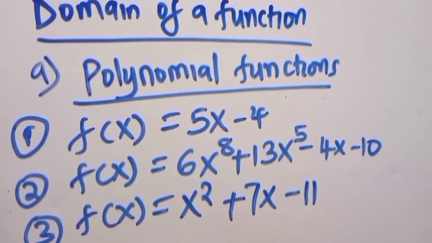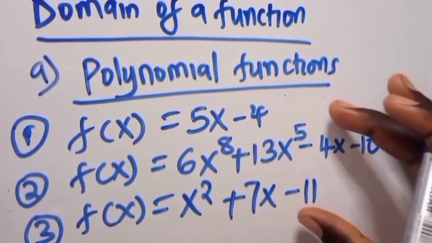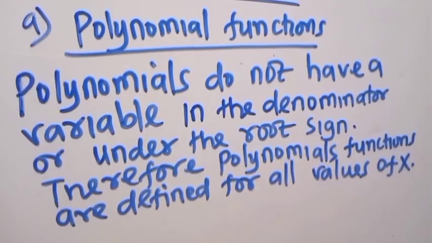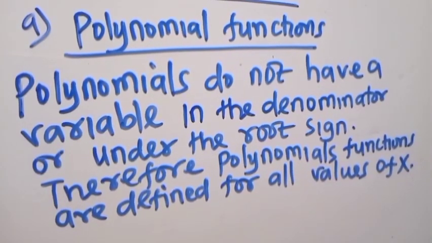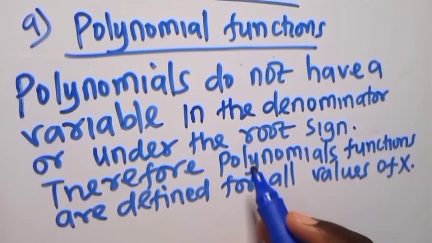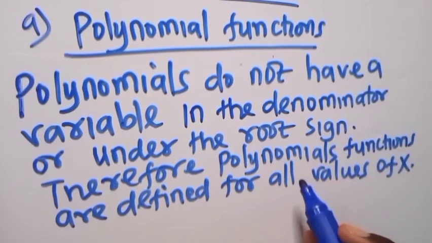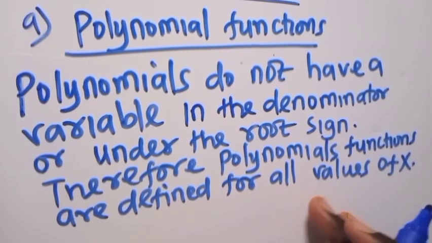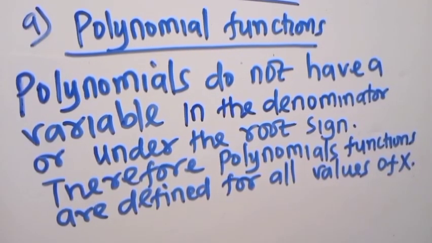Now, how do we find the domain of these polynomial functions? Allow me to say this, that polynomials do not have a variable in the denominator or inside the root sign. And therefore, polynomial functions are defined for all values of x.